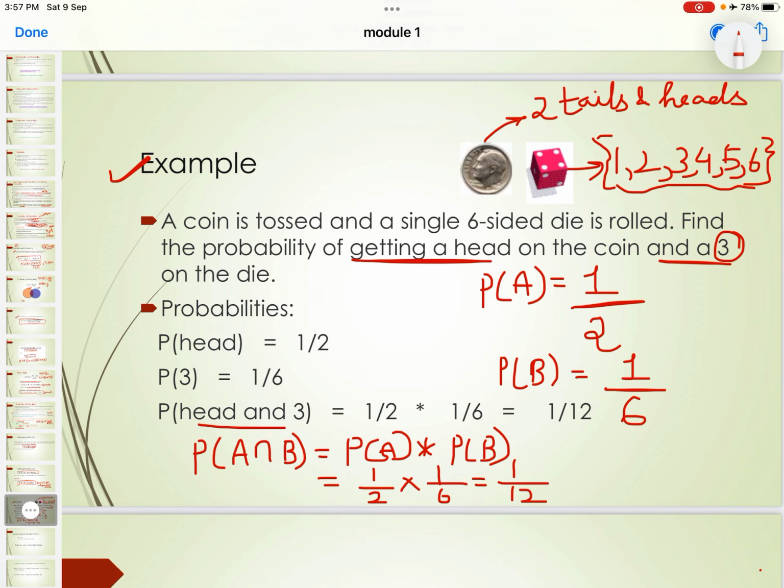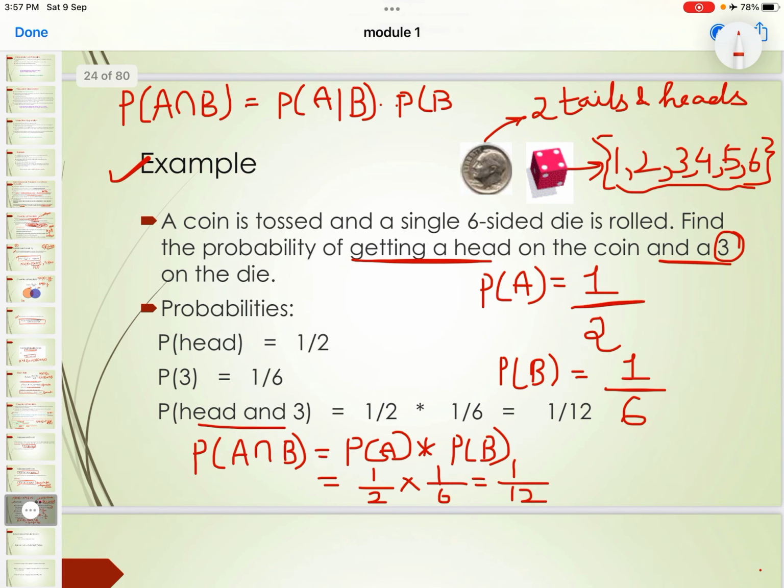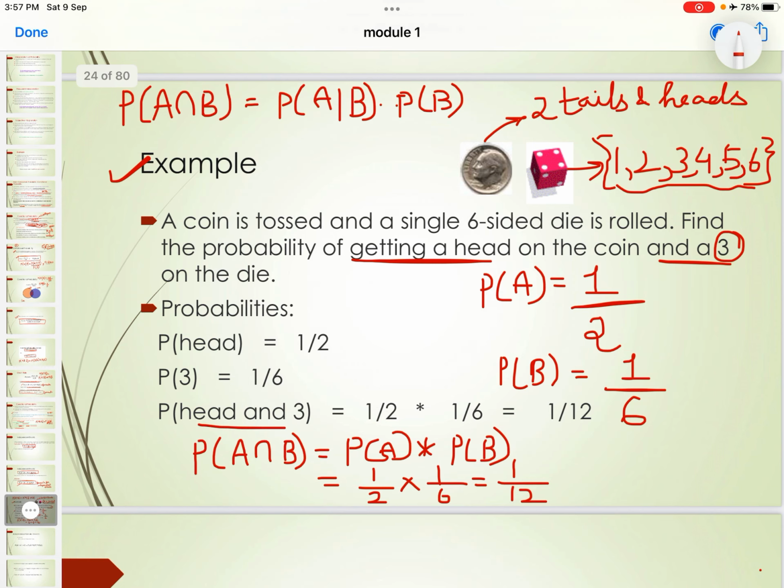So for independent events, the formula is P of A intersection B is equal to P of A into P of B. For conditional events, the formula is P of A intersection B is equal to P of A given B into P of B. This was the formula.